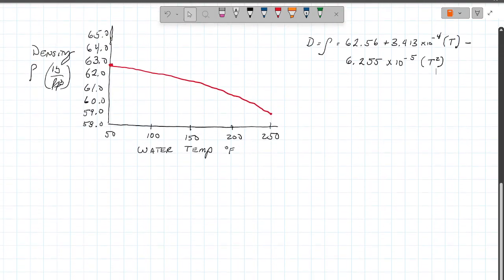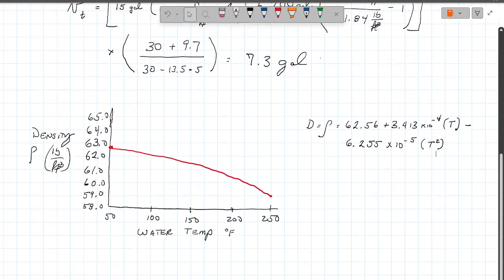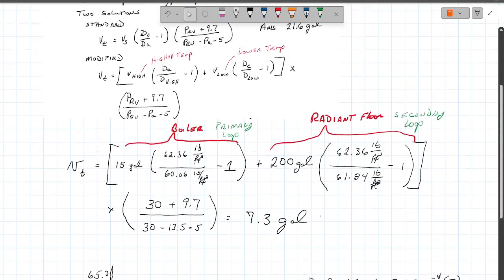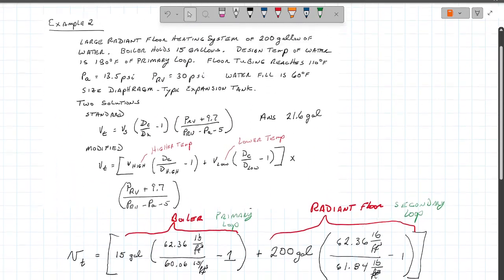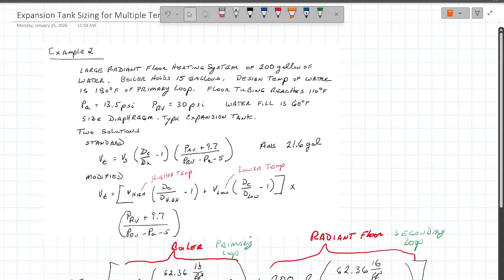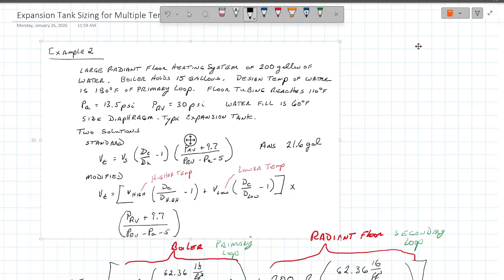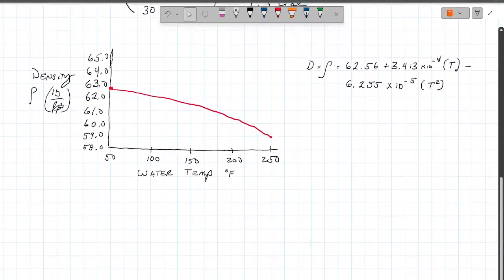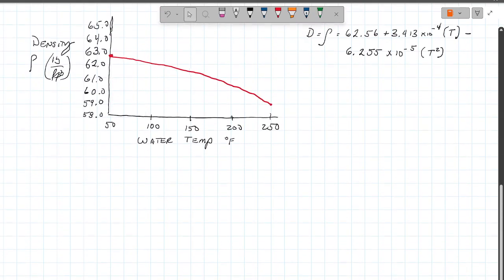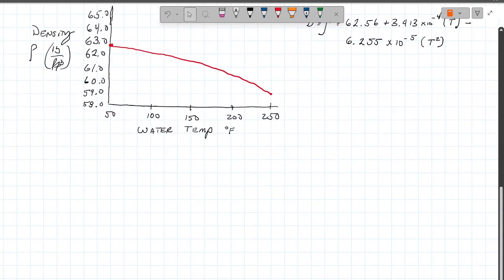So one of the other things we got to talk about with this is, you remember you needed the volume inside the pipe, and that was this VS up here, volume of the system. When you don't have a real nice way of doing this, you could create it by hand. But here's some numbers.